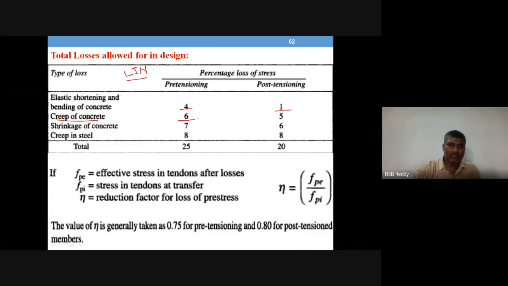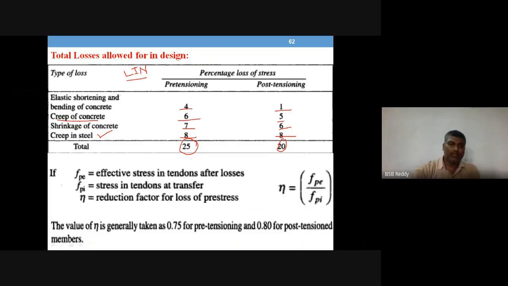Creep of concrete, 6% and 5%. Shrinkage, 7 and 6. The creep in steel, nothing but relaxation of steel, 8% and 8%. So total put together, for pre-tensioning you can take 25%, and for post-tensioning you can take 20% of the losses.